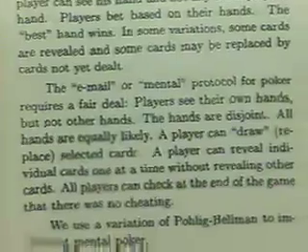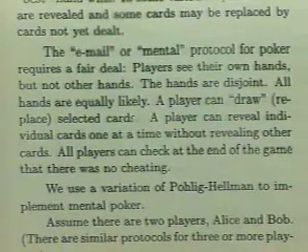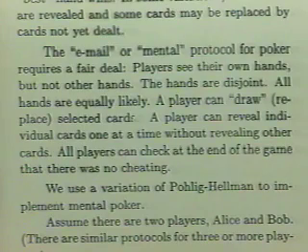The mental poker protocol requires a fair deal. The players can see their own hands, but they cannot see other hands. The dealer is one of the players. The hands have to be disjoint.